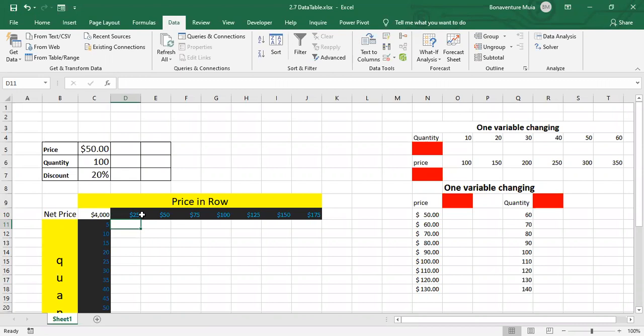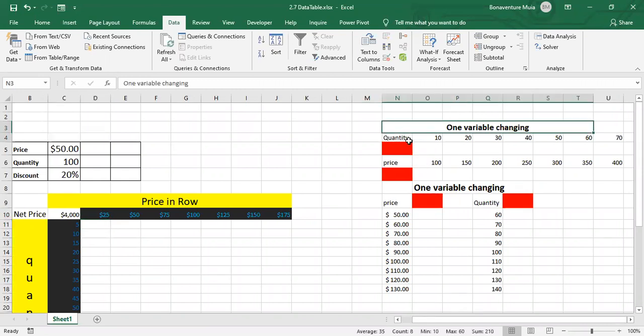This one variable can be changing across the rows or along a column. So the first instance that we have here is one variable changing across a row. The variable that is changing in this instance is quantity.